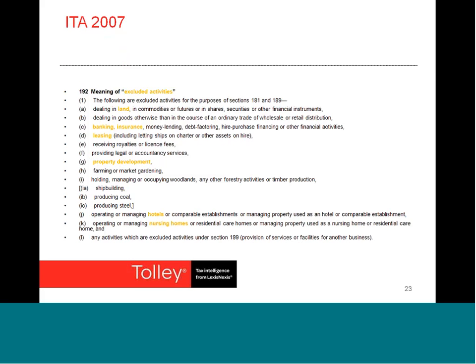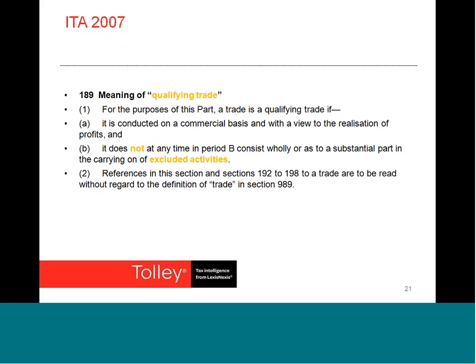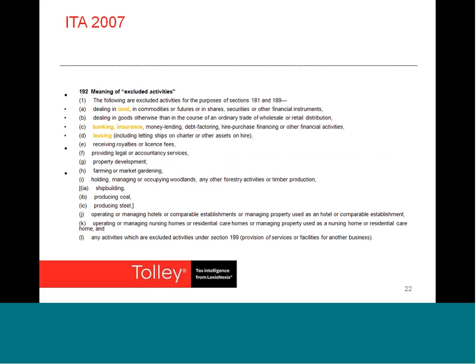So can you see what I'm doing is I'm just highlighting the keywords so that when I open the legislation in the exam, all I can see are the keywords jumping out at me, and I don't have to plough through the whole of the section to work out what things I need to be mentioning in my model answer.